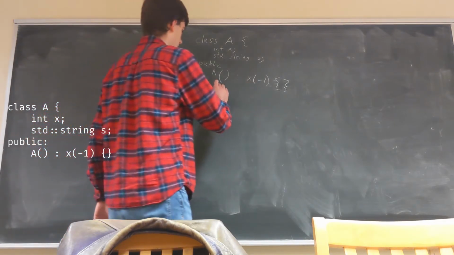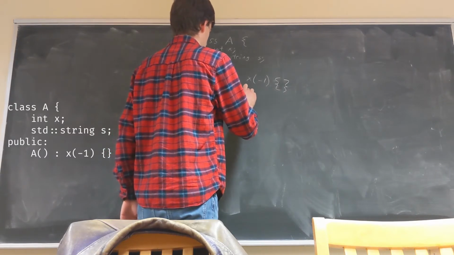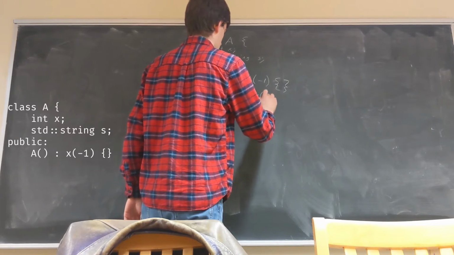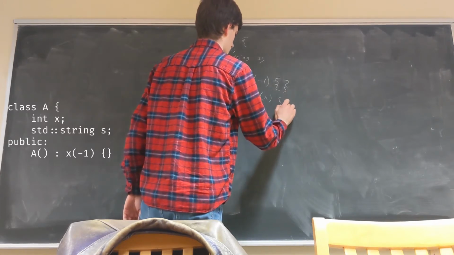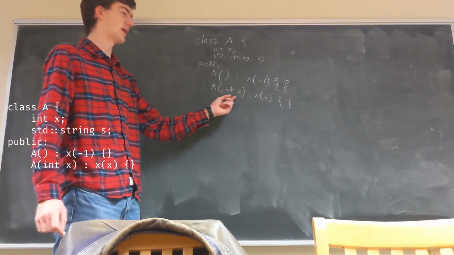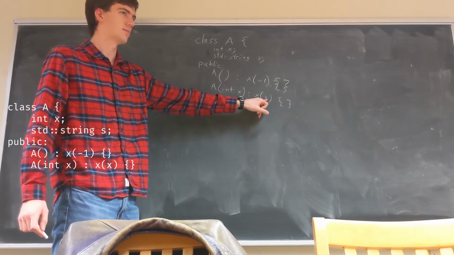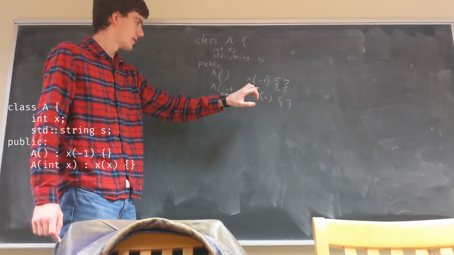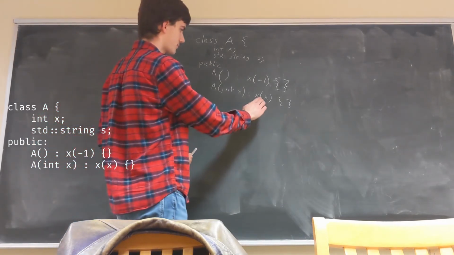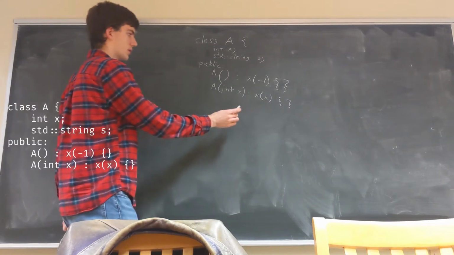We could also have another constructor which initializes x to a value x that's passed in. This looks weird, right? x with x inside. The reason why that's valid is, this is a brief discussion about variable scope.